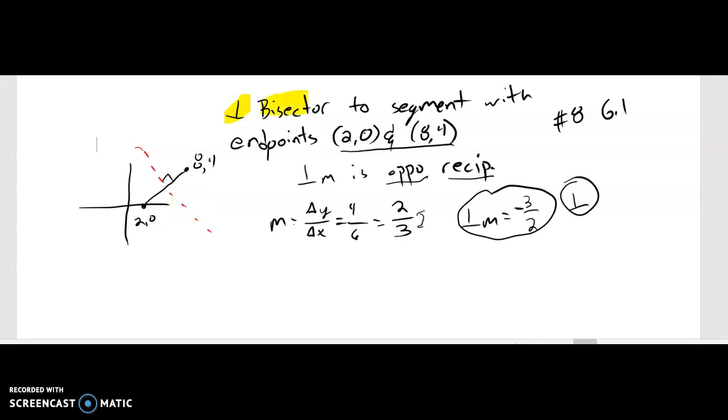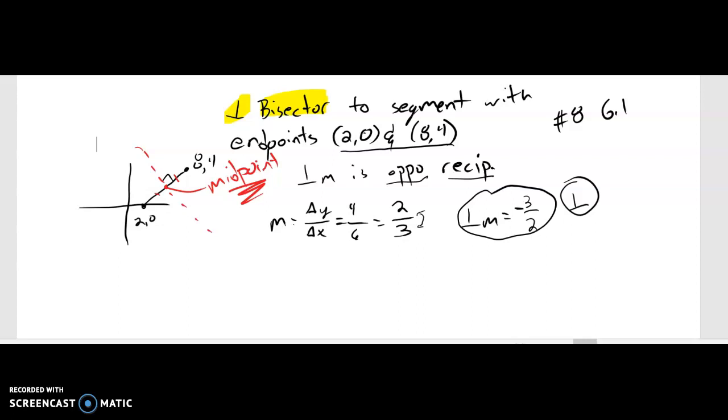Now we want to do the bisector. My bisector means that this is going to be equal to this, making this the midpoint. So with that being the midpoint, I simply want to find the midpoint of these two points.